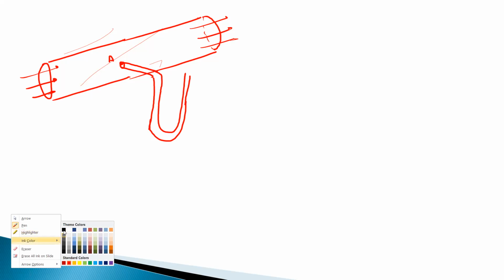Okay, so here we are using mercury as the manometric fluid. So this is the mercury. You can observe some level difference in the mercury in the left and the right limb.